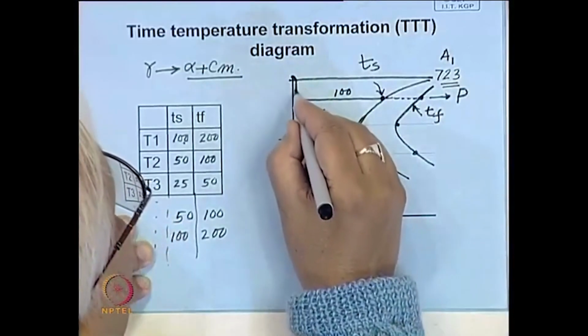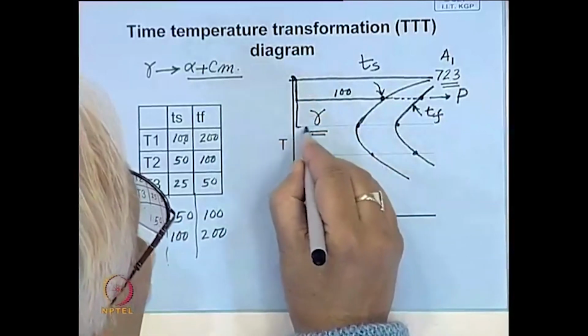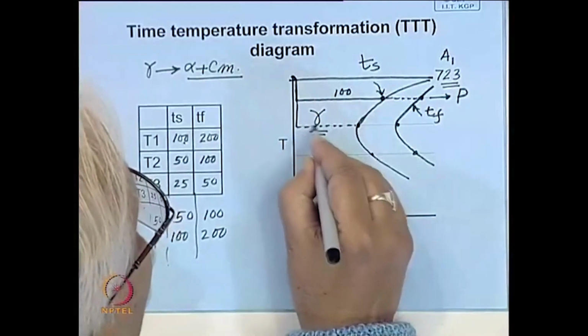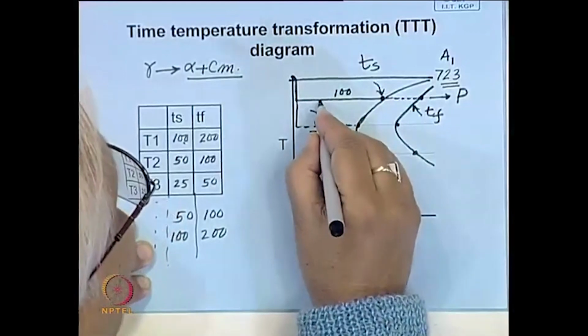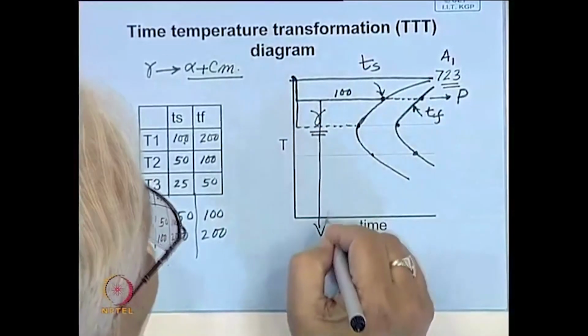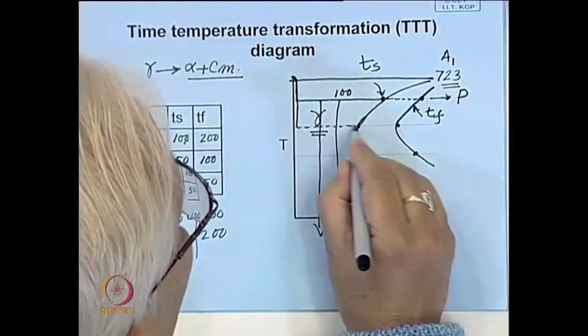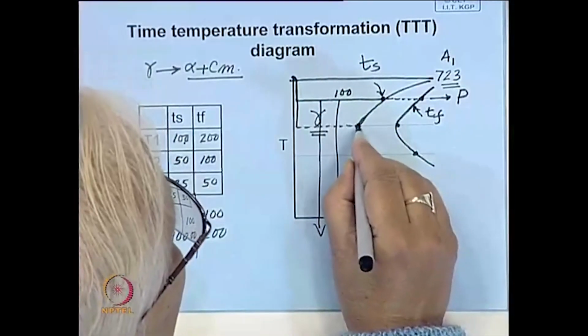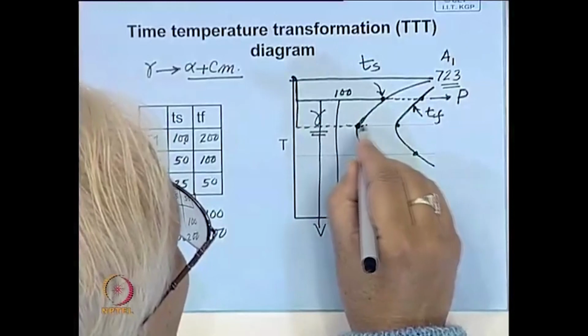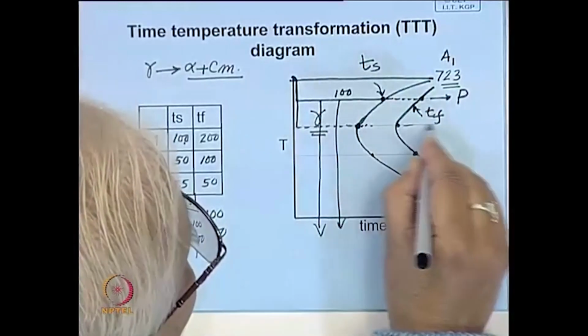Similarly, in the second case you cool it to here and you hold several samples. Some of the samples you have cooled from here, we will see what happens in those cases. After it comes here, the pearlite transformation starts and here it is completed.